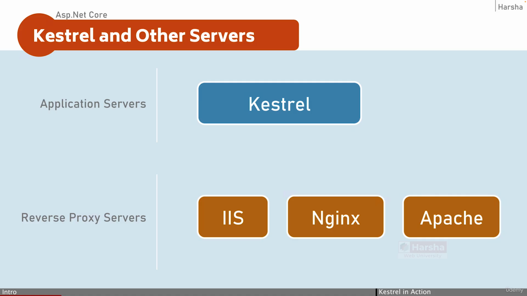And after completion of the development, you need to push the code into the production server, which can receive requests from the internet anywhere in the world. There, Kestrel acts as an application server, and you will be using reverse proxy servers such as IIS, Nginx, or Apache, any one of these.